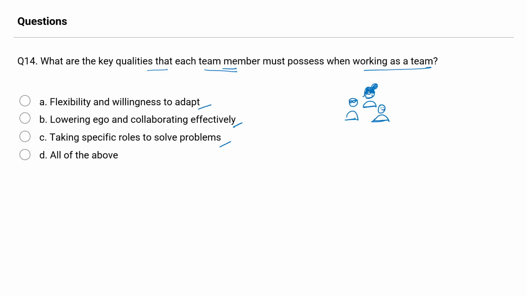So just imagine if this is your team. Let's say there are three members in it. What is it that conforms to the key quality? Is it about flexibility and willingness to adapt, lowering the ego and collaborating effectively, taking specific roles to solve the problem, or all of the above? Okay, I'll give you a minute. Think about it.